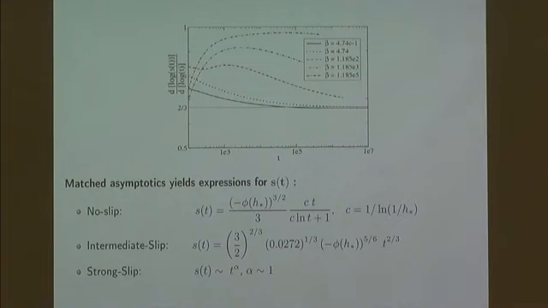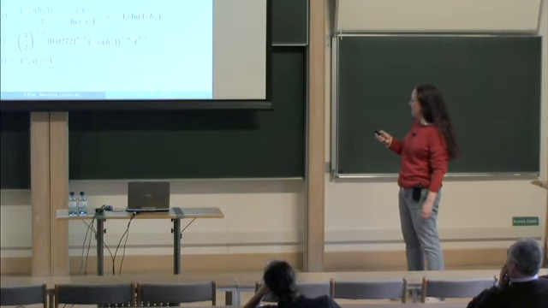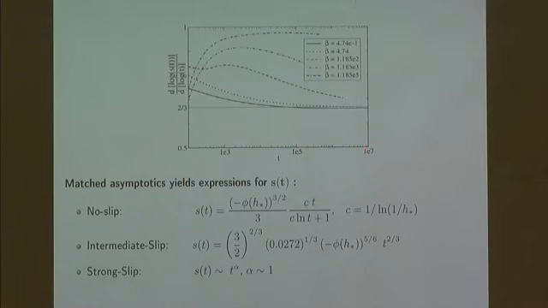And what you see here is the exponent over time. As the rim grows and the film dewets, you see all of them, no matter how large the slip is, eventually, after a long, long time, approach the t to the 2/3 law.